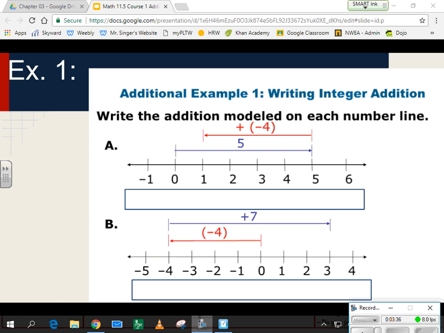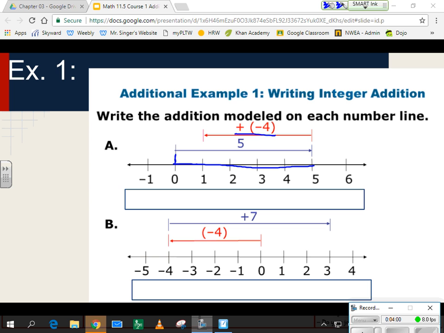I'll show you. So for A, everything starts at 0. So you find the number that's working from 0. Our first number here is 5. Well, it's a positive number, so you go up the number line 5. From there, the second number says plus -4. So we know that we're going to add, but what we need to add to this 5 is a -4.